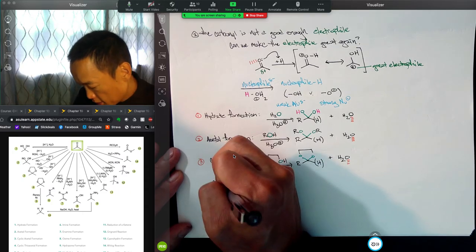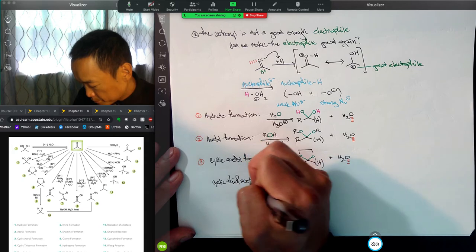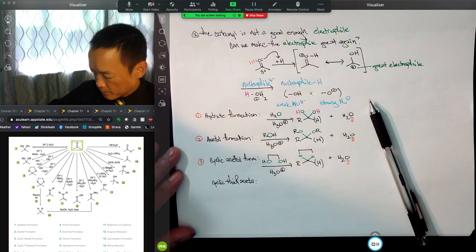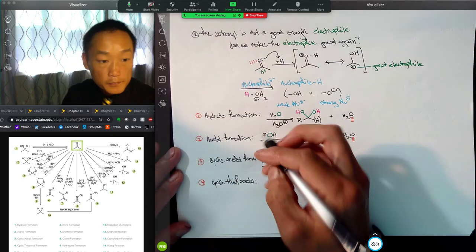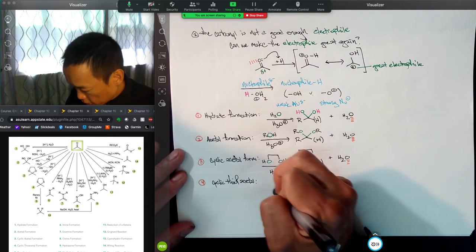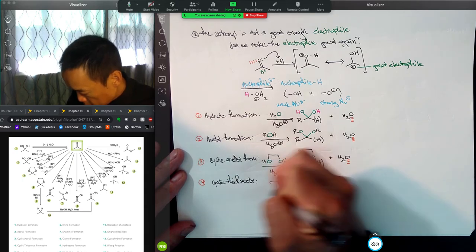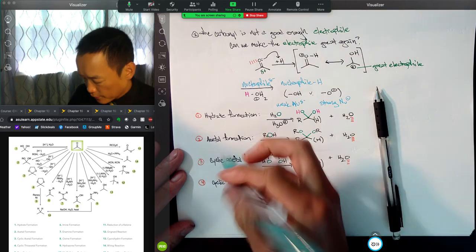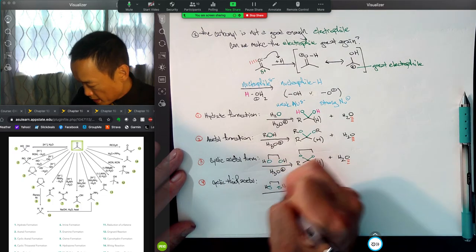Cyclic thiol acetal. Sure looks like this is just the addition of SH that is combined in the presence of acid.